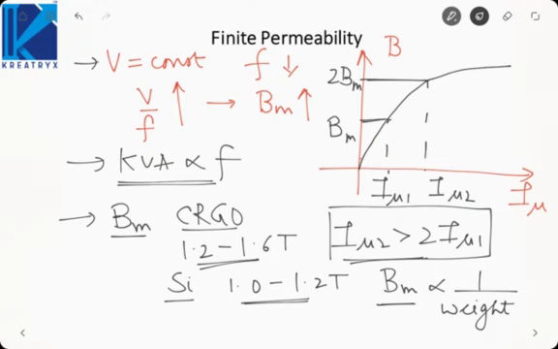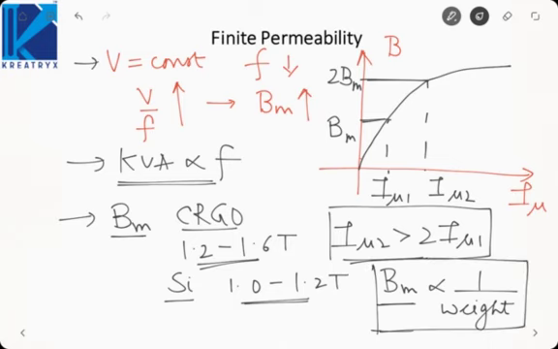So high frequency transformers or high frequency devices are smaller in size, and the higher the magnetic flux density, the lesser is the size and weight of the transformer. So remember this, Bm is inversely proportional to the weight and size of the transformer.